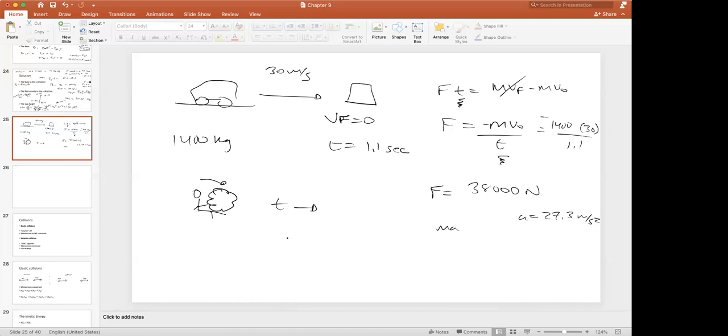And effectively, if we could increase T by half, so this becomes 1.7 seconds, what is the force on you now? Well, 1,400 times 30 divided by 1.7 is only 24.7 thousand newtons, right? And again, if I divide by 1,400 kilograms, that decreases my acceleration to 17.64, which is about 2 Gs.